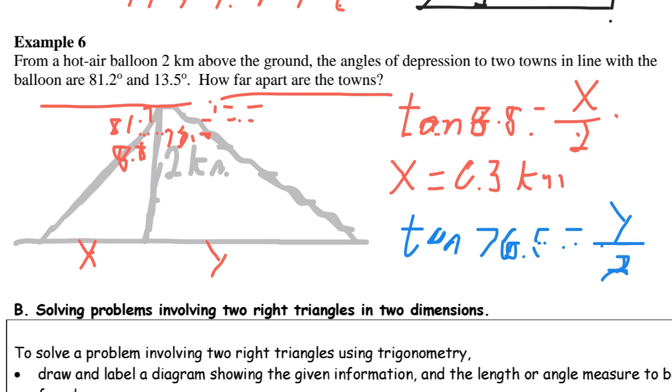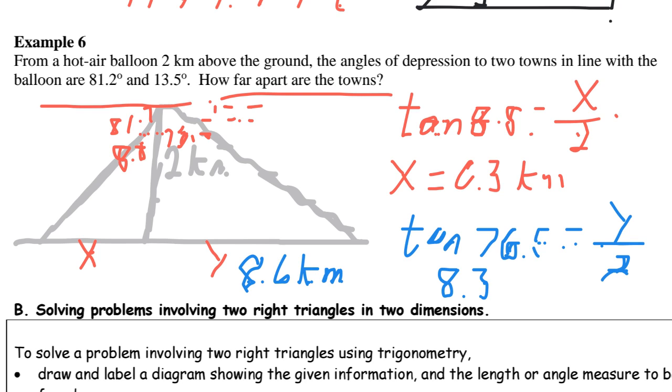So 2 times tangent of 76.5 is 8.3. That's Y. That's X at 0.3. Add them together, and you get the towns are 8.6 kilometers apart. 8.6 kilometers.